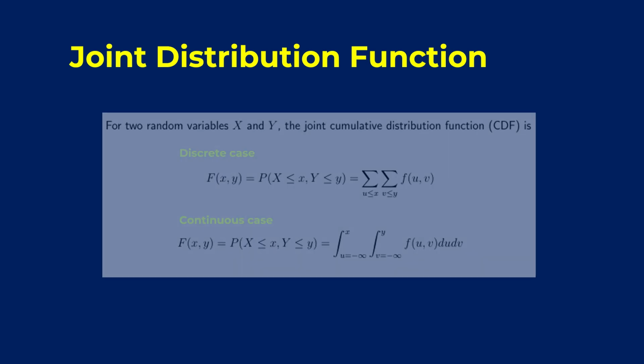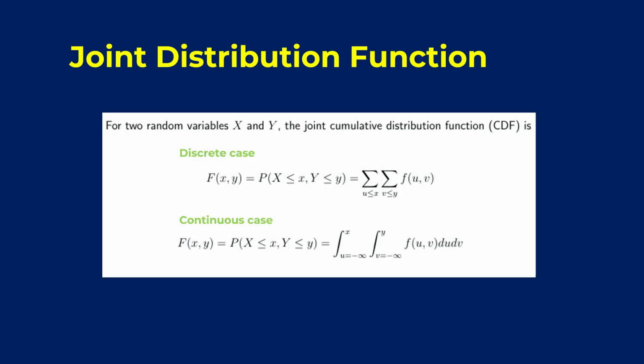Let's now see the distribution function. The definition of the distribution function for two random variables x and y is like this. The only difference between the discrete and continuous cases is again the replacement between summation and integration.